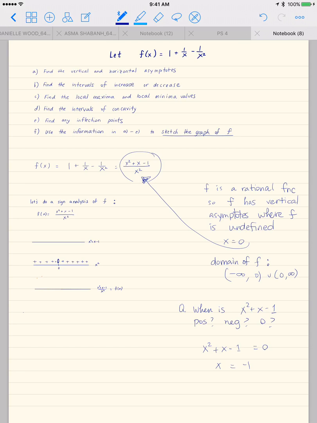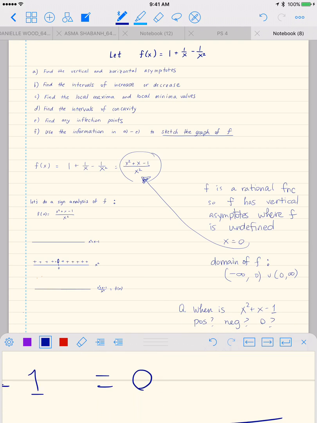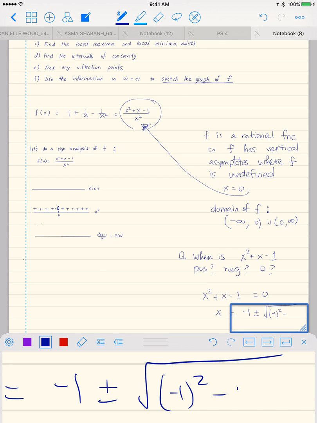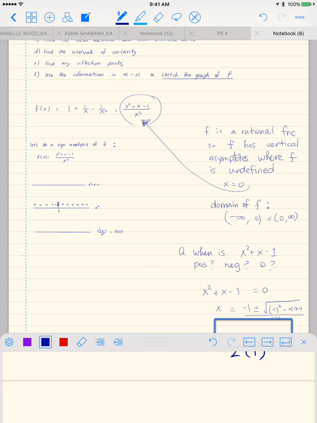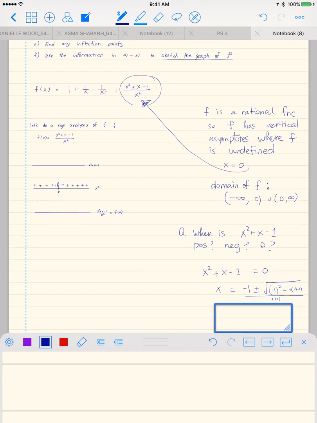So x equals negative 1 plus or minus the square root of negative 1 squared minus 4 times a, which is 1, times c, which is negative 1. And then all of this divided by 2a. Okay, so this is equal to negative 1 plus or minus square root of 5, over 2.